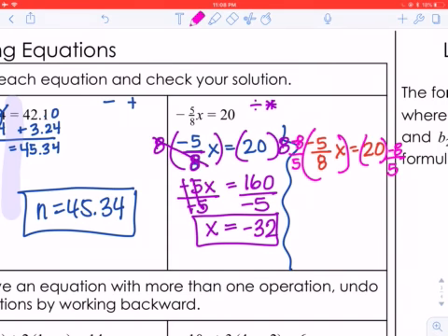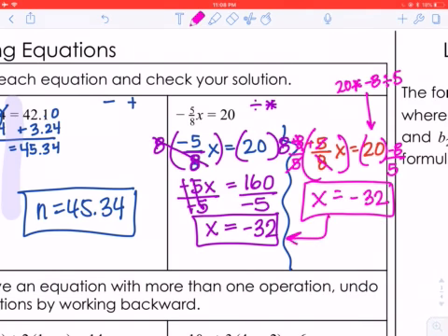So that means negative 8 and 8 cancel. 5 and 5 cancel. The negative and a negative become a positive, and all those things are canceled now, so it's just x left on this side, equals, and then my calculator, I'm going to do 20 times negative 8 divided by 5, and I get negative 32. The exact same thing. One takes a little bit longer, but is a little more simple.